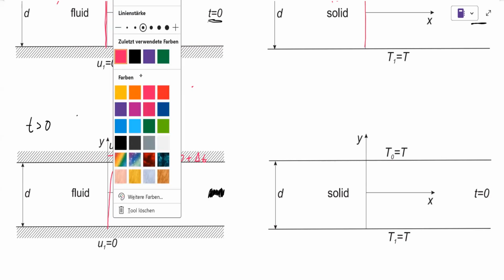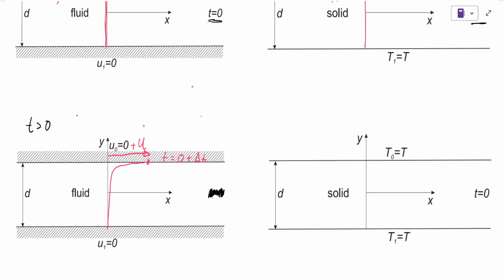If we look at a point of time a little bit later, then of course we see more of the fluid moves with the velocity U. That is due to the friction that the fluid adjacent to the plate exerts on the other fluid parts.